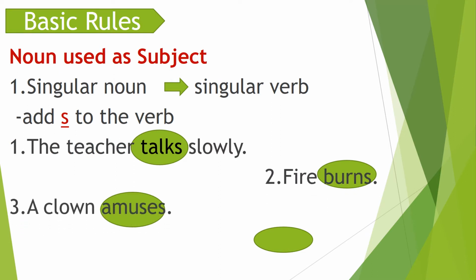For sentence number 1, we have here, the teacher talks slowly. The subject in the sentence is teacher, which is a singular noun. And the verb here is talks, which is in singular form.